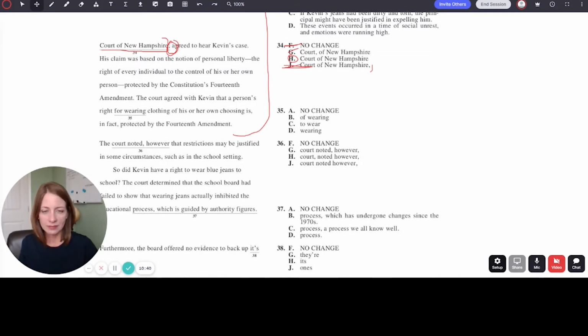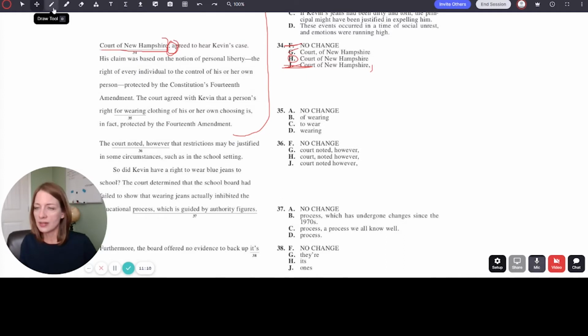35. Okay, of wearing, to wear, wearing. So we've got some verbs going on here, potentially gerunds, prepositional phrases. The court agreed with Kevin that a person's right to wear clothing of his own choice.